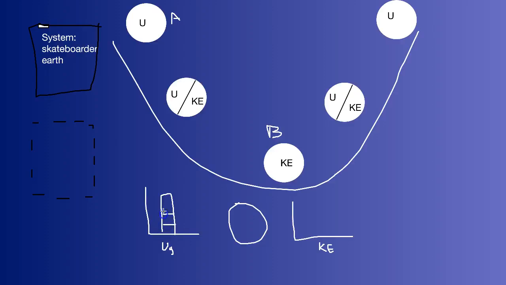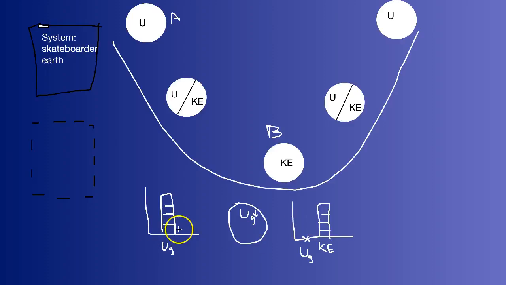What matters is how it changes as you go from here to here. So in this case, the number of boxes of gravitational potential energy is going to go down. Okay, so we draw a down arrow to the point where there's none left at the bottom, at which point all the energy is stored in kinetic energy.